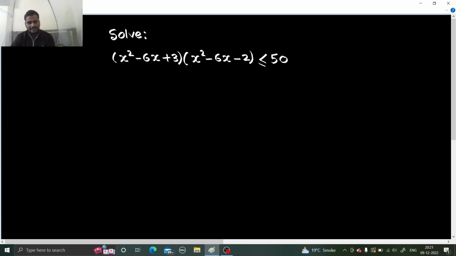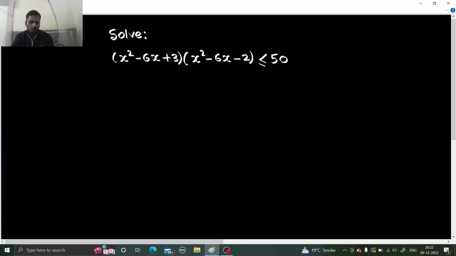So while solving this type of inequalities, we can change this given inequality into a simpler inequality, because we are addicted to solving linear ones, x minus 2, x minus 3 less than 0, and things like that. So we can change this quadratic one to that linear one, solve it, and then come back.